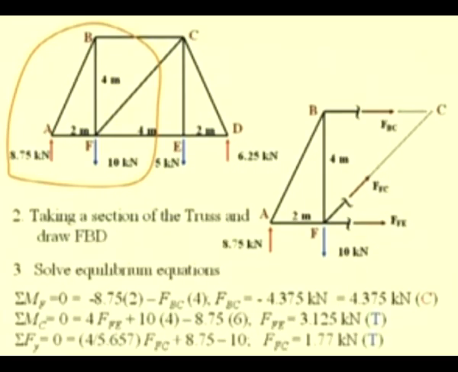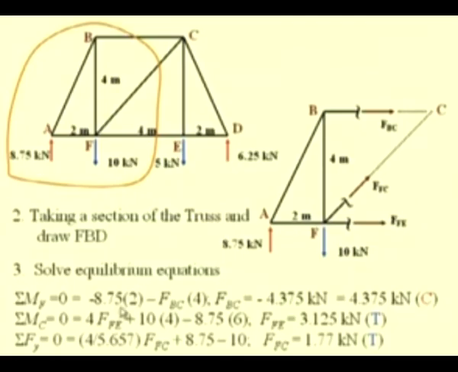So, we have first the moment summation about the point F. When we compute the moment of the various forces about this point F, we first have the reactive force at A, which is 8.75, and the moment of this force about this point is a clockwise moment, which is a negative sense, and the moment arm is 2 meters.